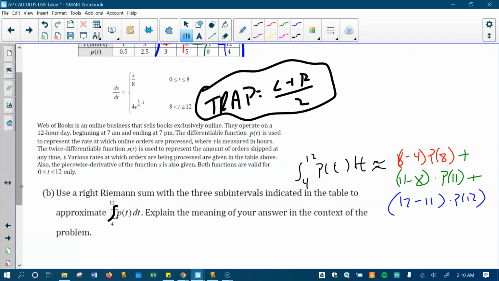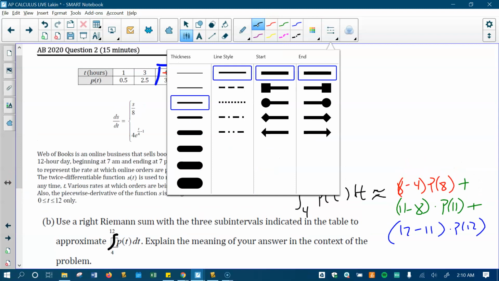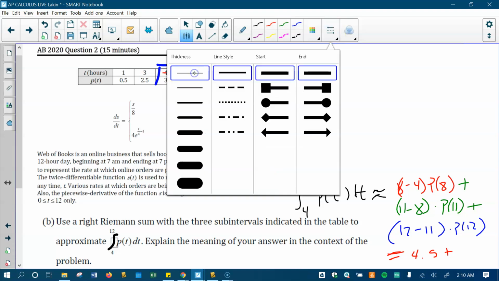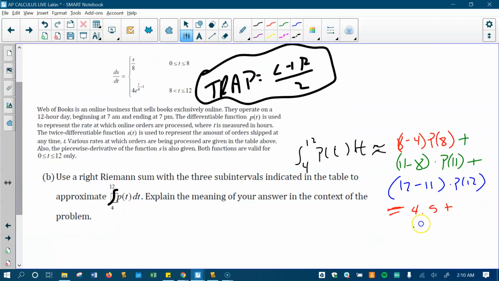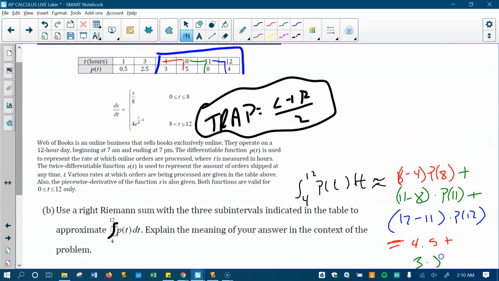So if I just plug in the numbers here to show that I know what I'm talking about, this will be equal to 4 times p of 8, which is 5, plus 3 times 8, and plus 1 times 4.